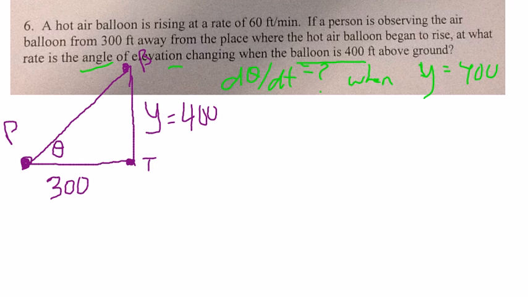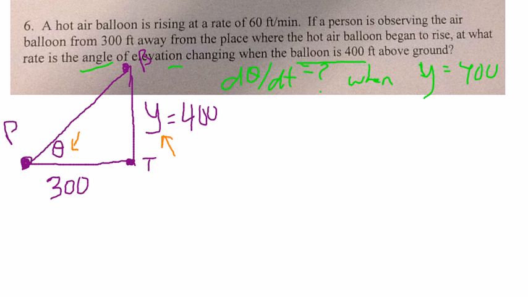I am going to use y when I'm writing my variables out. The 300 is not changing. The person's not moving away from the takeoff point. So that 300 stays as is. So I am going to use my trig relationships. I have two things that I want a relationship between: theta and y.